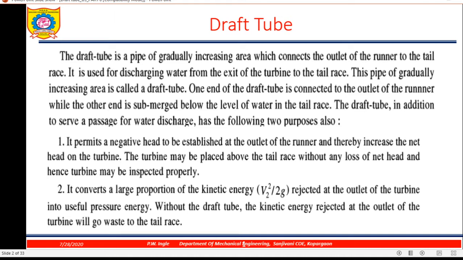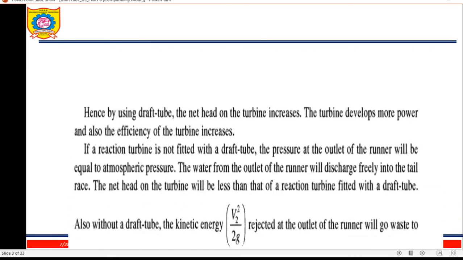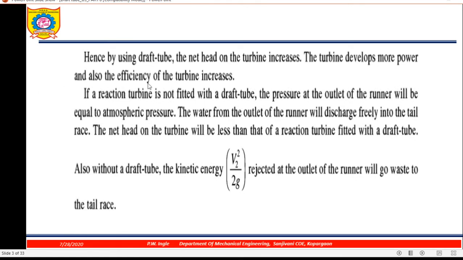But these things will not happen in the case of the Pelton turbine, because all pressure energy gets converted into kinetic energy in the nozzle itself, and all that kinetic energy is used to convert into mechanical energy or rotor power. Hence, by using a draft tube, the net head increases and the turbine develops more power and also efficiency.